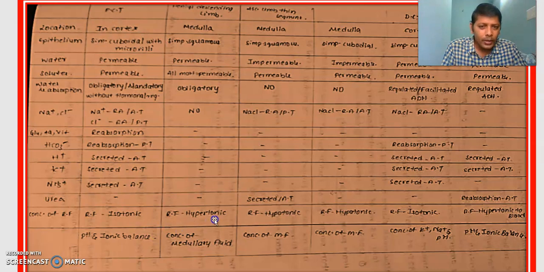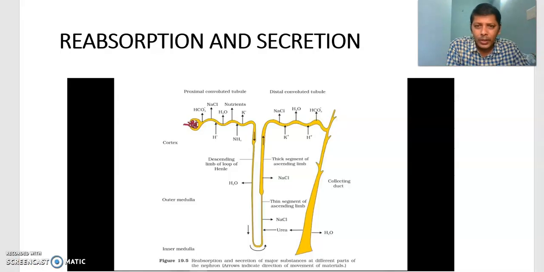And the renal filtrate becomes hypertonic, very important here. As it comes down, water comes out of it. What is the osmolarity here? I told you, 300 milliosmoles. When it is coming down, what happens? For example, you kept a salt solution in sunlight.